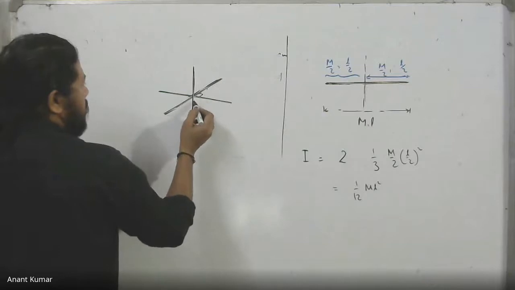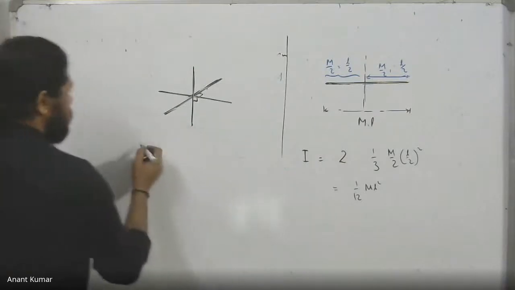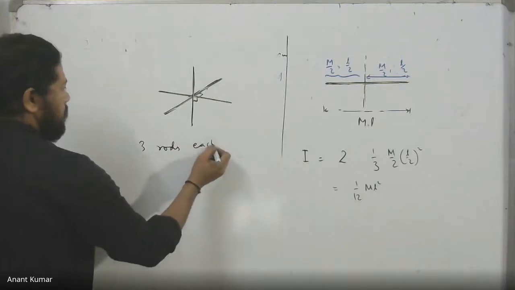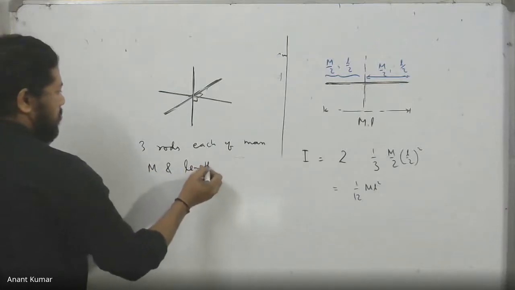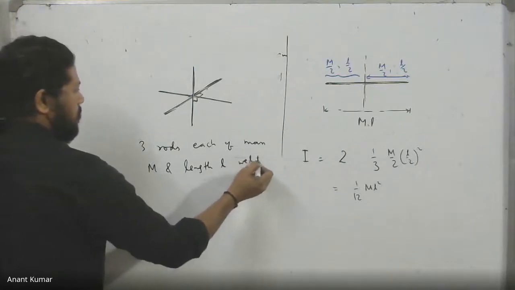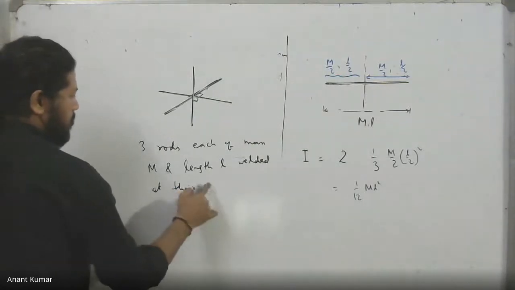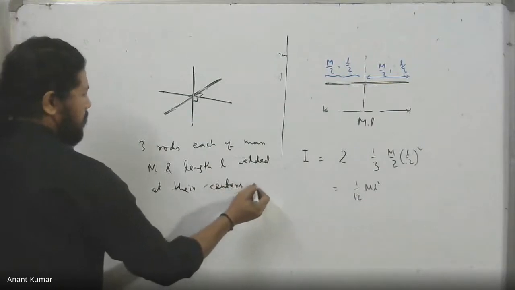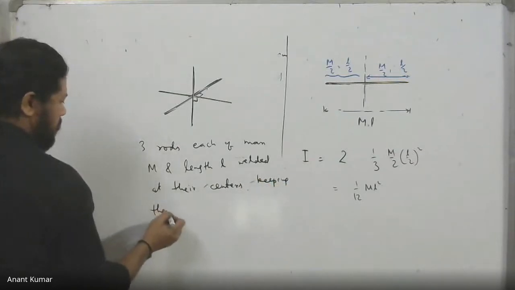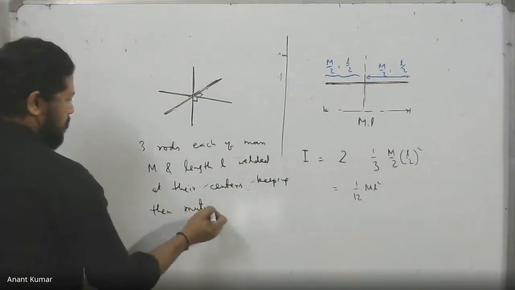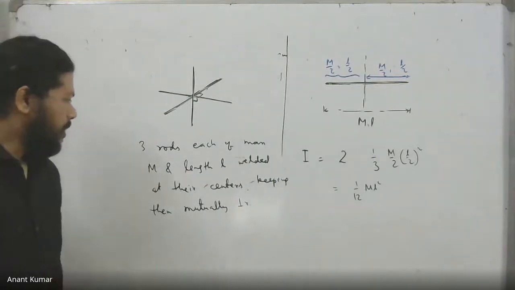What I've done is taken three rods, each having mass m and length L. Three rods, each of mass m and length L, welded at the centers, keeping them mutually perpendicular.